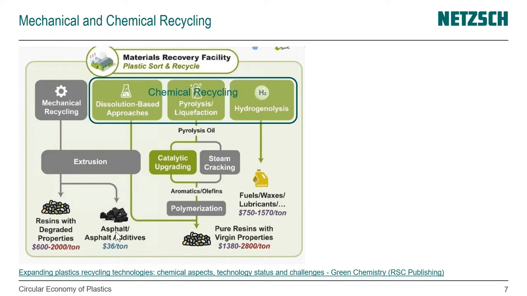Or the slightly newer research arm, let's say, I mean, new means still 20 years, of chemical recycling, where we see more and more work being done, where we then get pure resins with virgin properties.